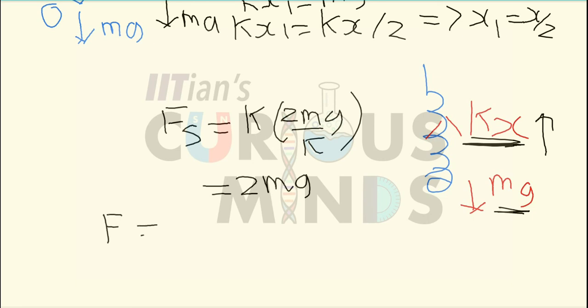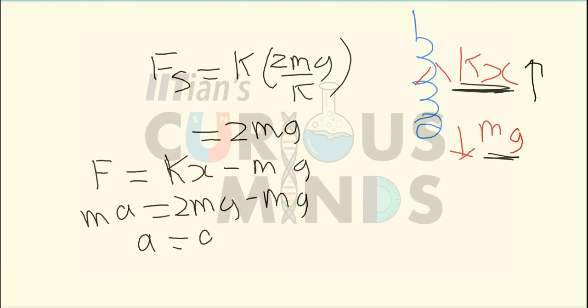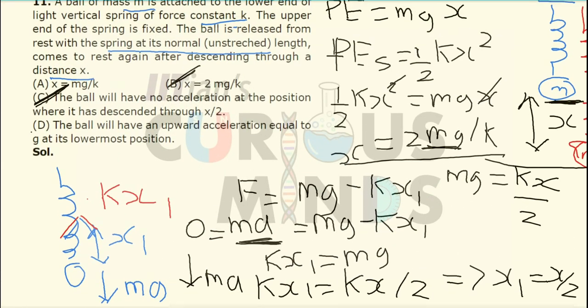So the net force will be equal to the spring force kx minus mg, which is 2mg minus mg, and the net force is equal to mass into acceleration. So the acceleration will come out to be g. So acceleration at the lowermost position is equal to g. That is, option number D is also correct. So the correct options are B, C and D.